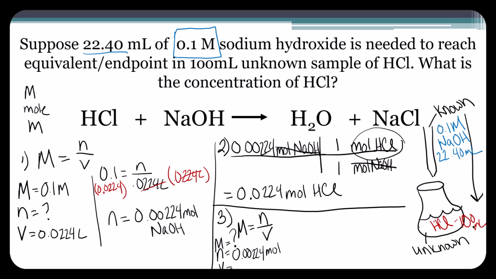And remember, I also know exactly how much of that I put into the flask to begin with. It was 100 mils. But again, I can't use milliliters, I have to use liters. So divide by 1,000, and this becomes 0.1 liter. All right, so now we can plug this into our equation. So molarity equals number of moles, 0.00224, over volume, 0.1 liters.